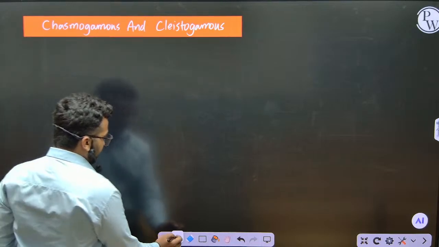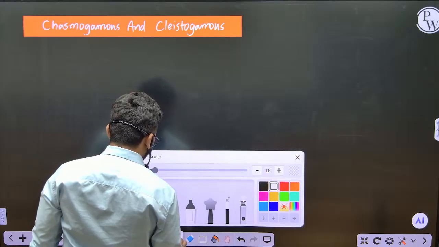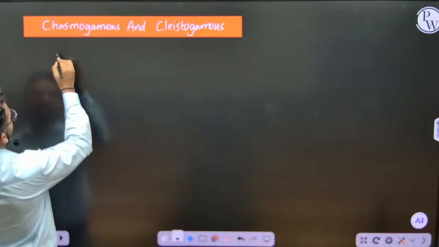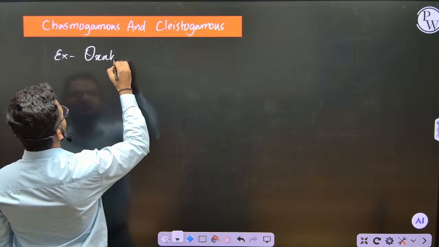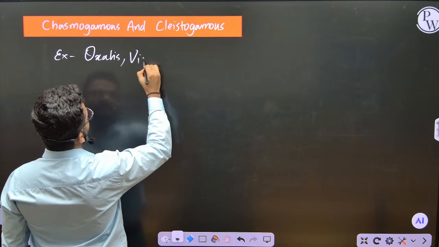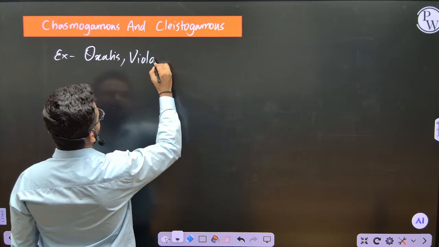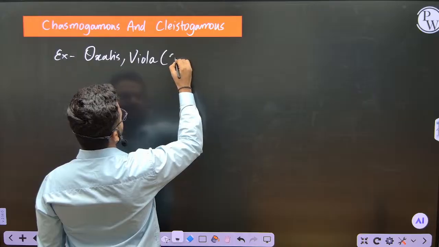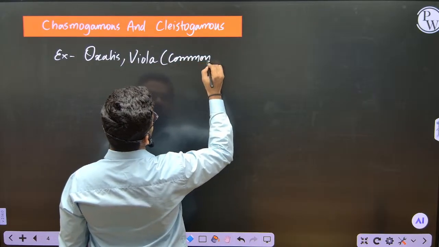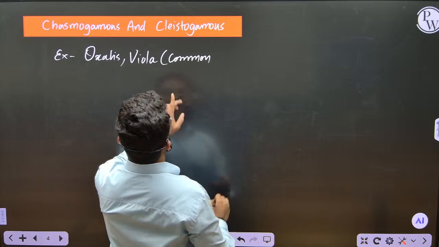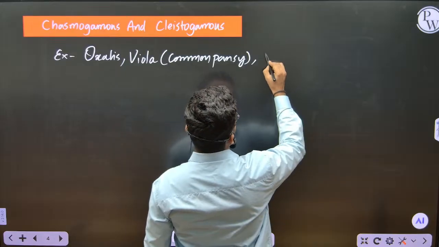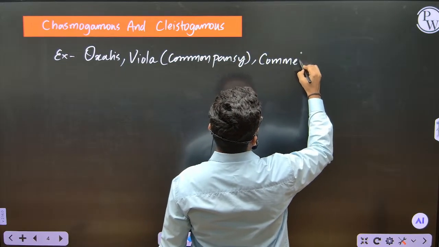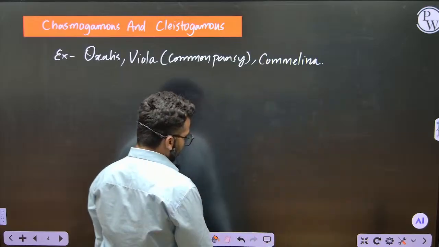There are two types of flowers seen in the case of some plants. An example for that is oxalis, viola, or it is also called the common pansy, and there is one more plant, that is Commelina bengalensis.